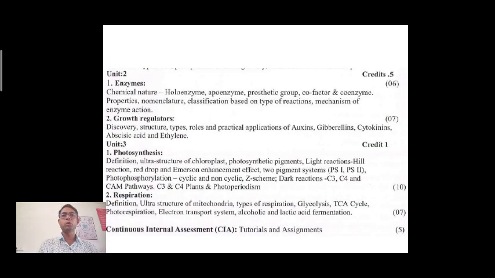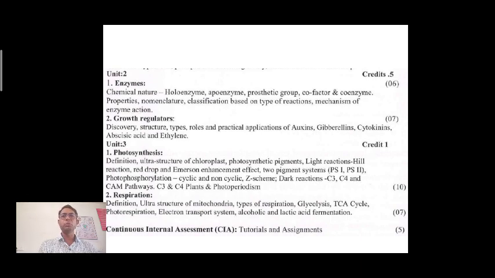Moving to unit number 2, it is related to enzymes and then growth regulators. The enzymes part includes holoenzyme, apoenzyme, prosthetic group, cofactor, and the nomenclature and classification of enzymes. So it is the basics of all terms and terminologies related to enzymes.